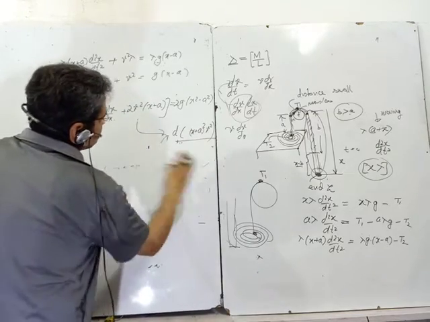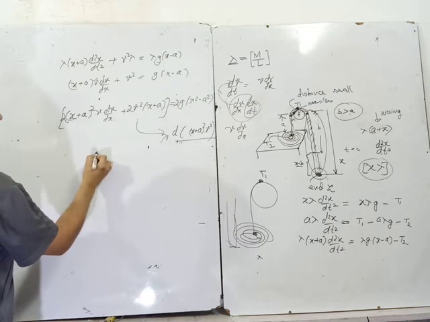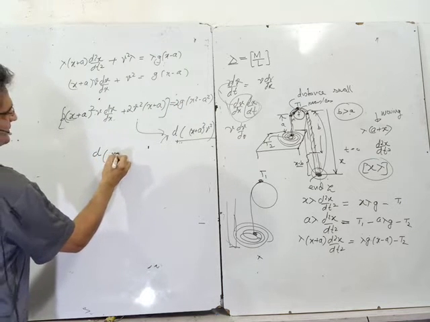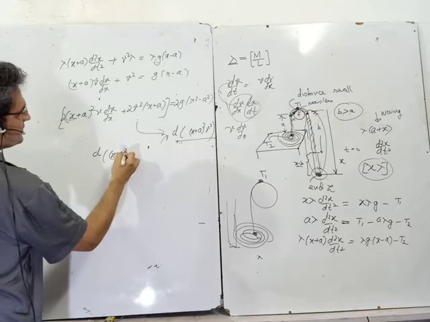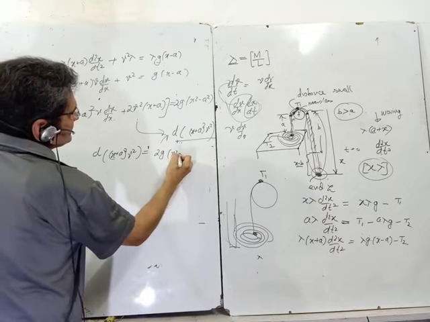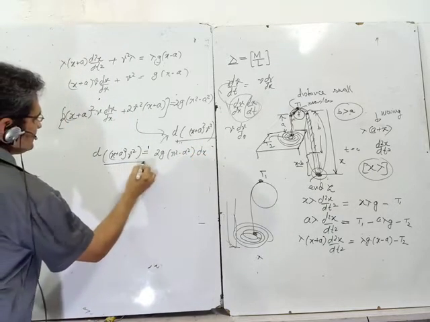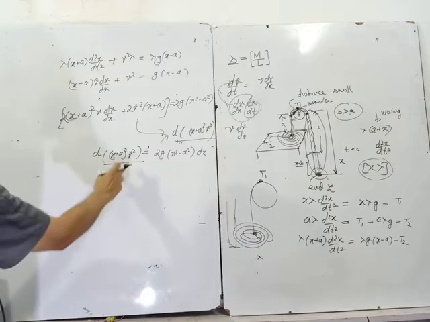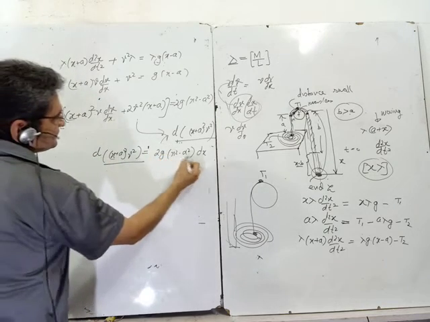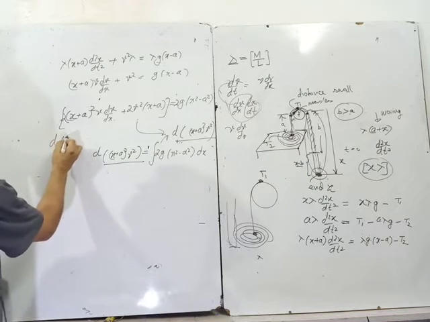So what I do is I multiply both sides by 2. I get d of (x plus a) whole square v square is equal to twice g (x square minus a square) dx. So this is differential of the whole, and this is differential in terms of dx. So d of u is u.